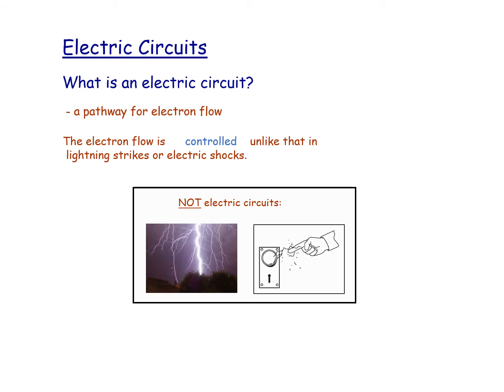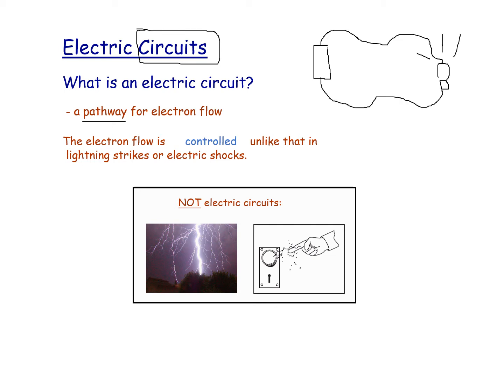So what is an electric circuit? Okay. An electric circuit is a pathway. So if I'm going from the battery, this was my battery, all the way to the light bulb, right? Light bulb. And then go back home to the battery.